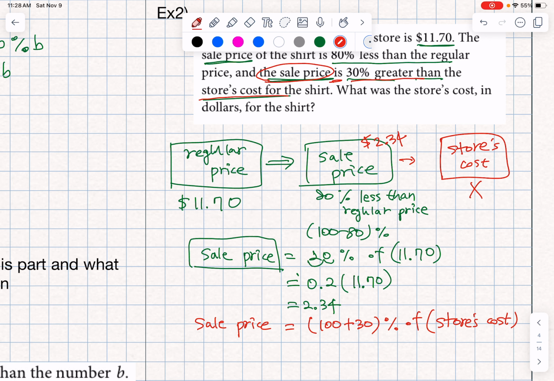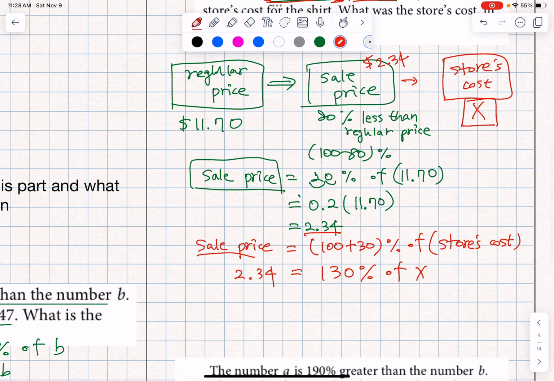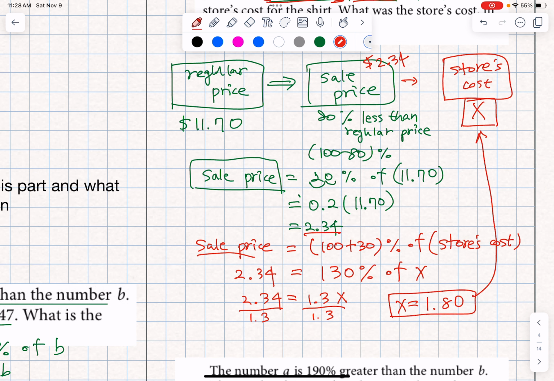Since we don't know that, I will put that as X. So the sale price $2.34 equals 130% of X. Then if I rewrite as an equation, $2.34 equals decimal 1.3X, and divide by 1.3, divide by 1.3, then you will get X as $1.80. $1.80 is the store cost.